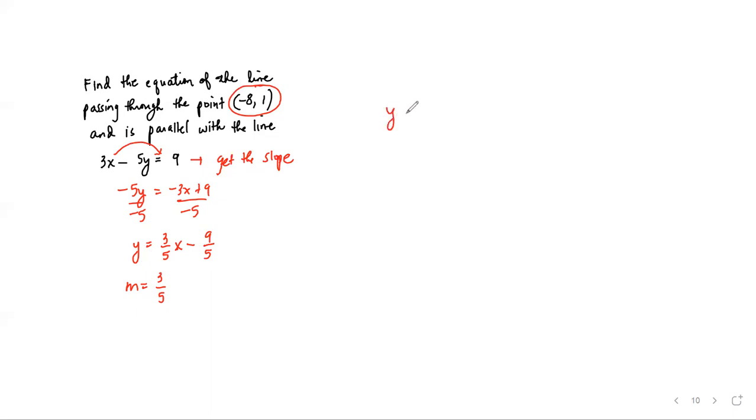So using the point-slope form, y minus y sub 1 equals m times x minus x sub 1, and plugging in the appropriate values, we have y minus 1, which is our y sub 1, and the slope is +3/5 times x minus -8, and that will become x plus 8.